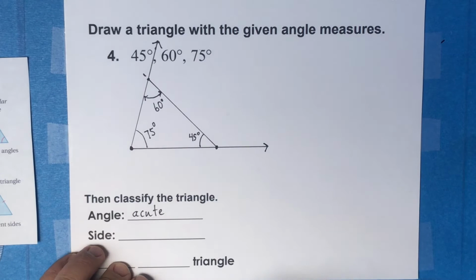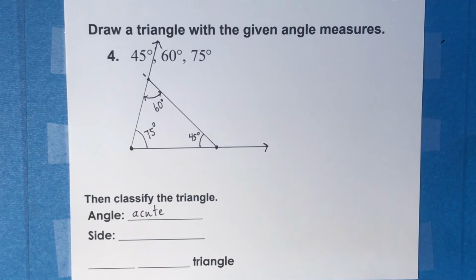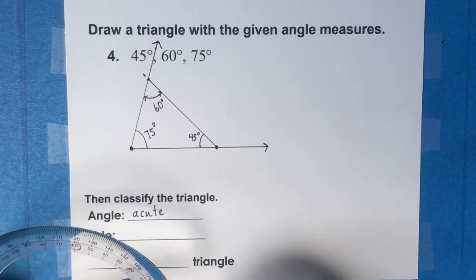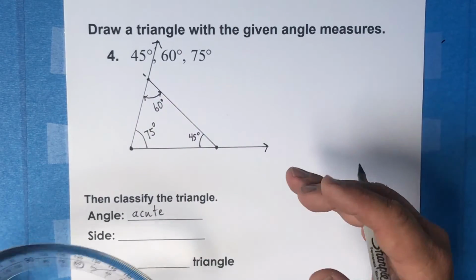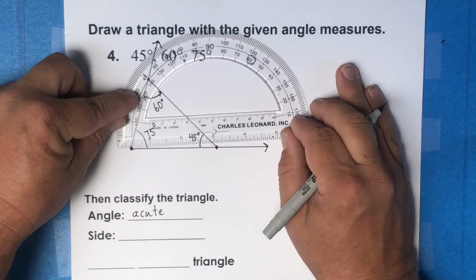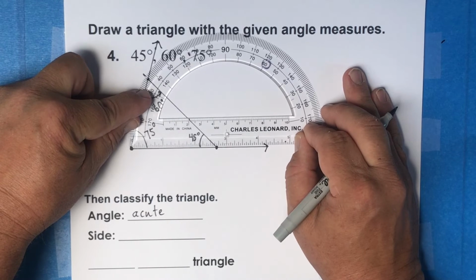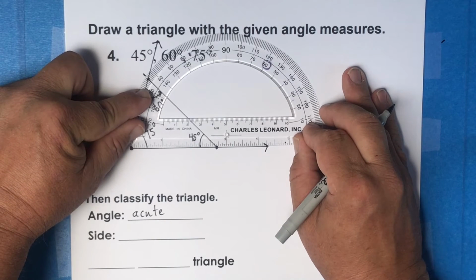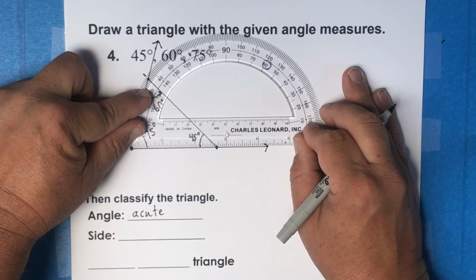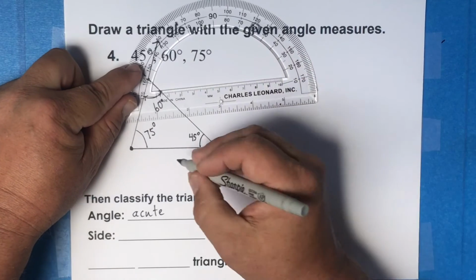The side length, again, as I do this more and more constructing, I'm going to notice that when the angles aren't the same measure, we're going to find some things out about the side length. So again, I'm going to just measure it because I don't have tick marks because I constructed this. So this side length is about 2 3/4 inches.